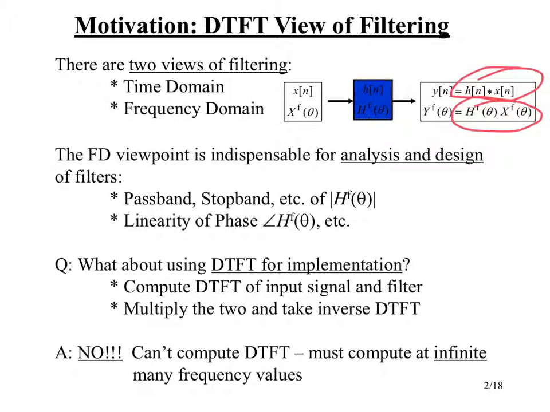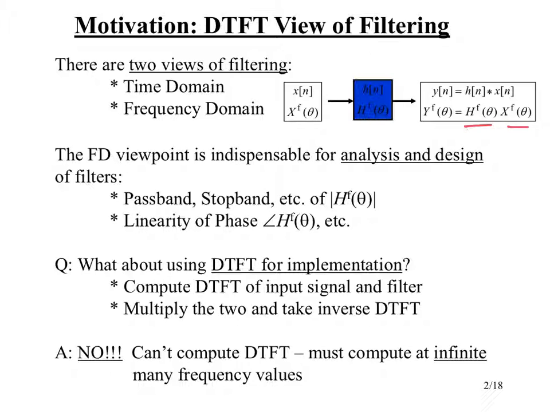So rather than convolving an impulse response with an input signal, we take the frequency response and multiply it times the DTFT, and here you can see I'm using theta as my discrete time frequency variable.